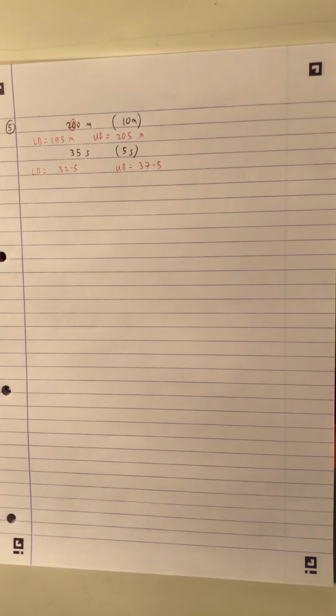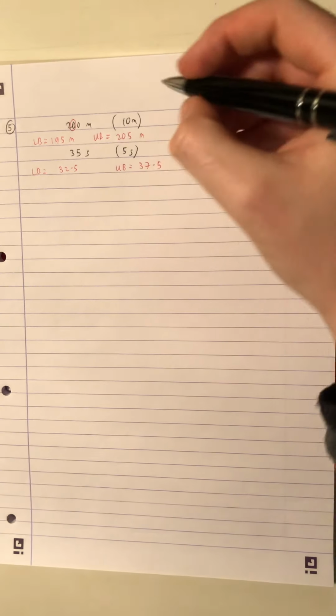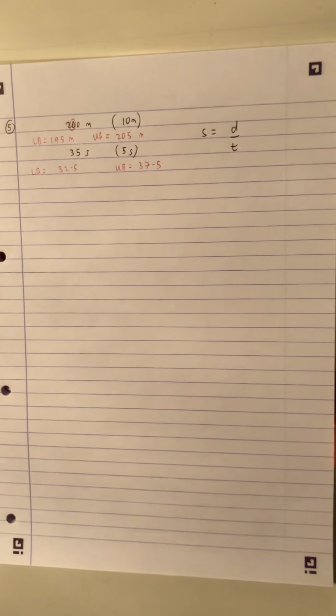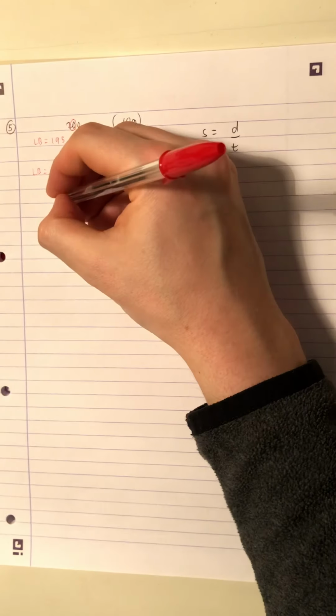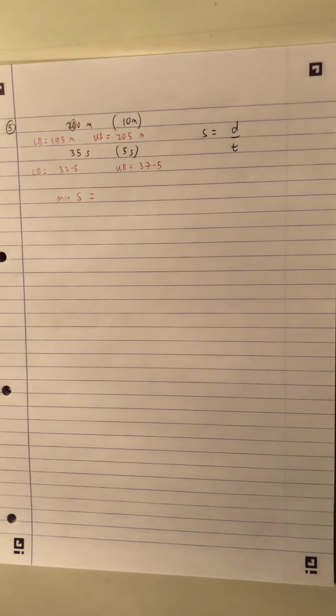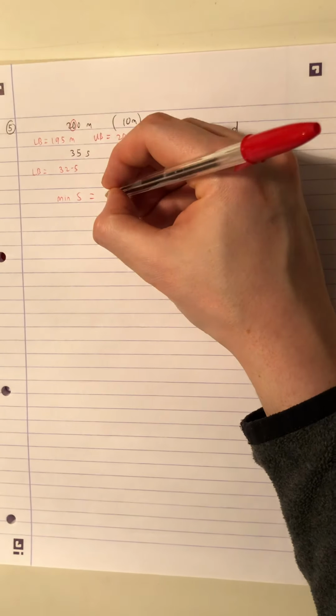Now, work out the speed. Now you should know the formula speed equals distance over time. And I want the minimum speed, the lower bound, and it's a fraction. So I want the fraction to be as small as possible. So following the pattern from before, smallest fraction means smallest numerator.